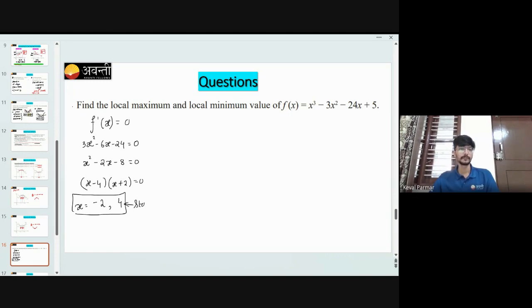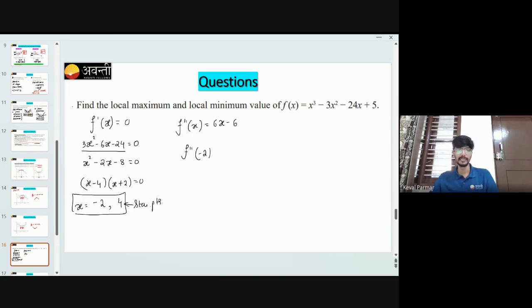Now to check whether there is maxima or minima at these points, what will we do? We'll check the double derivative. So let's find f double dash of x. This was f dash of x, so f double dash of x, differentiating again, will be 6x minus 6. Now, let's substitute minus 2.